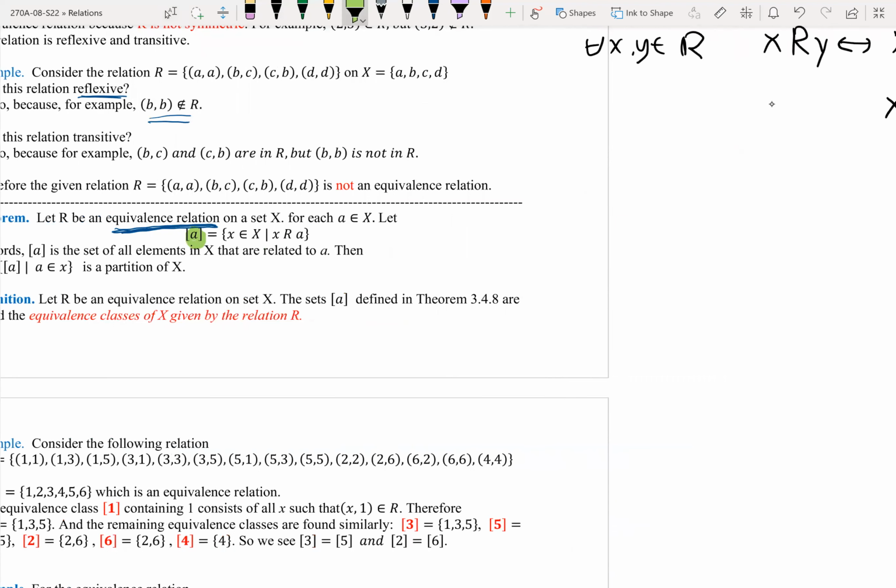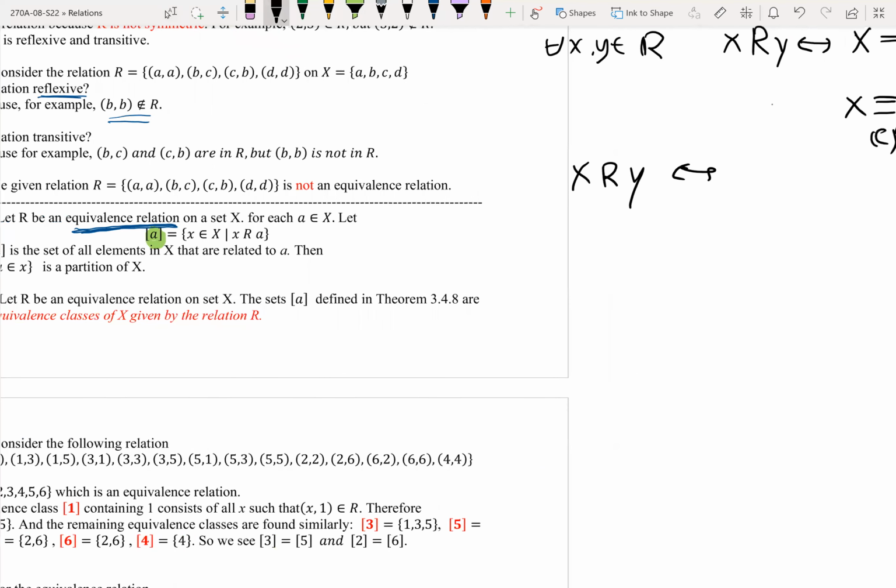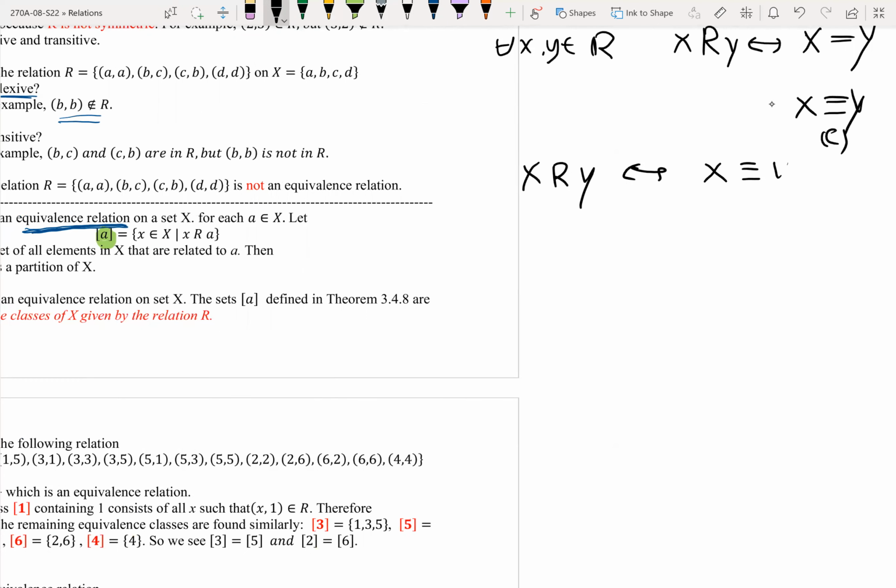Say your relation of X related to Y is defined, just to make it easy, as X related to Y by mod 2. So what's the class of 2? It is the set of all X's which are related to 2 in mod 2.